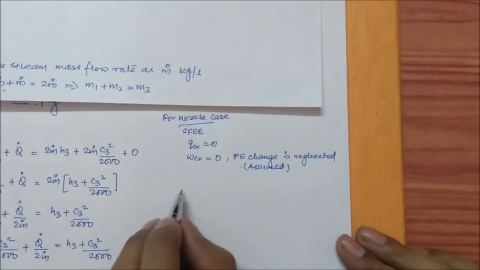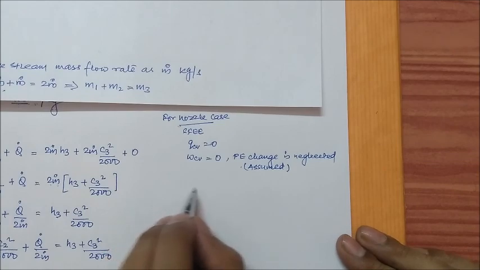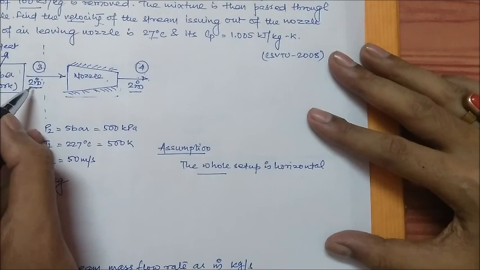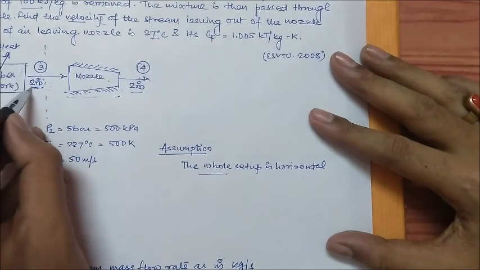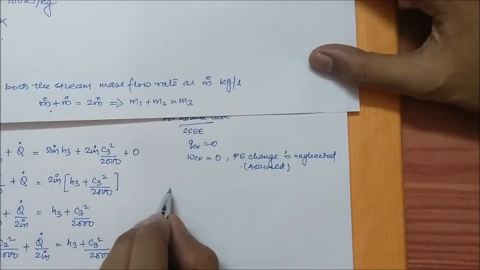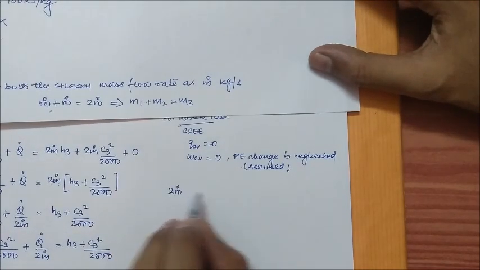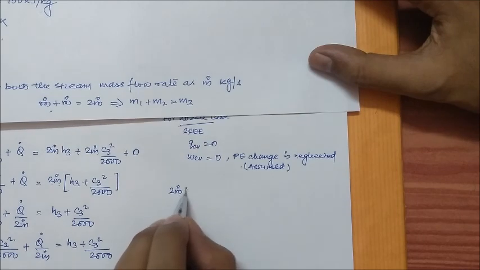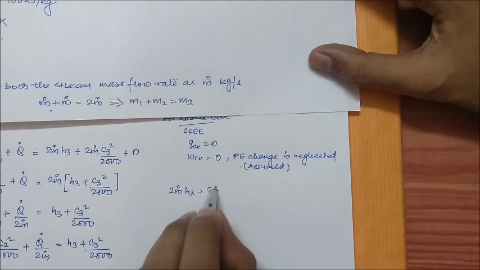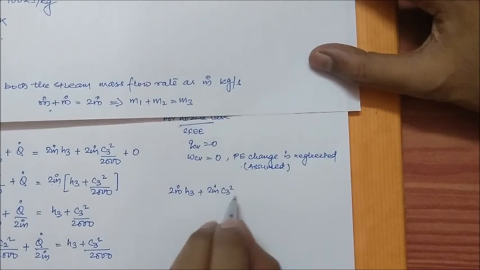So the steady flow energy equation will be, see, for the nozzle the mass flow rate inside the nozzle is 2 m dot and outside is 2 m dot. So we will apply it like this: 2 m dot H3 plus 2 m dot C3 square by 2000.